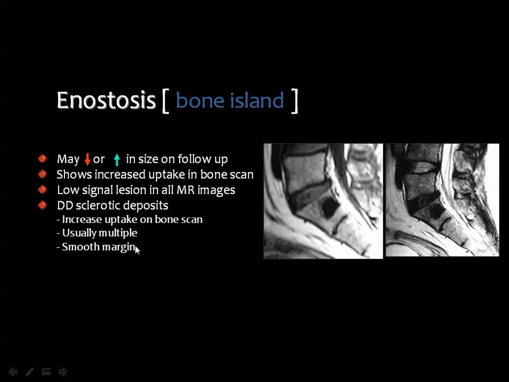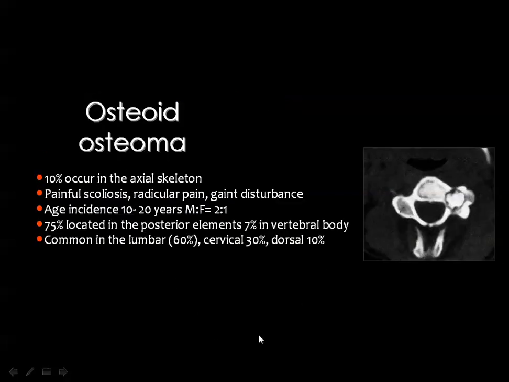Sclerotic deposits are usually multiple, enostosis can be multiple, and the sclerotic deposits usually show a smooth margin, while the margin of the enostosis is spiculated.